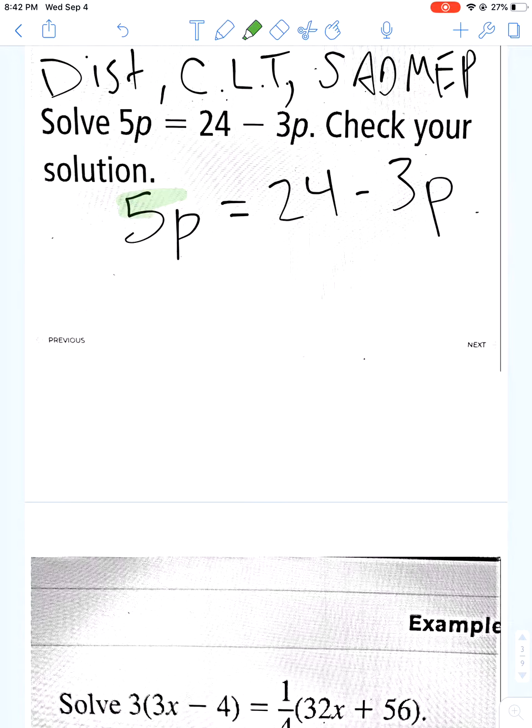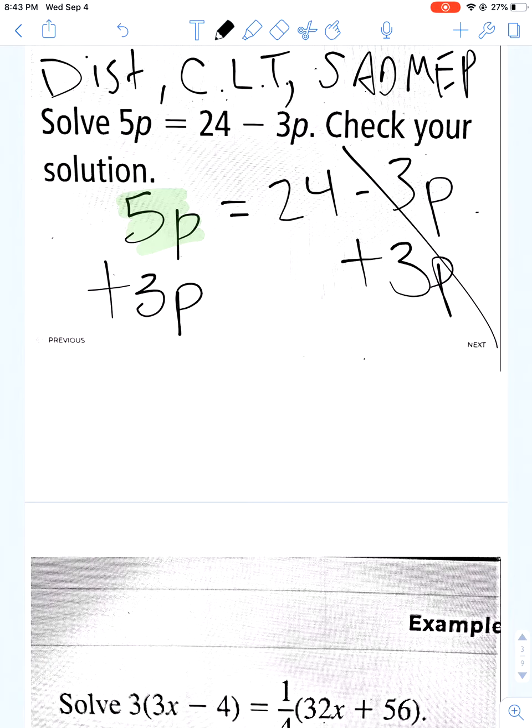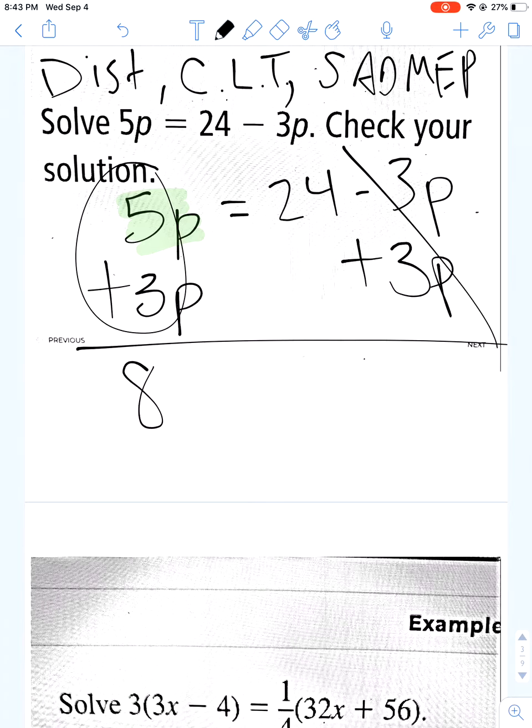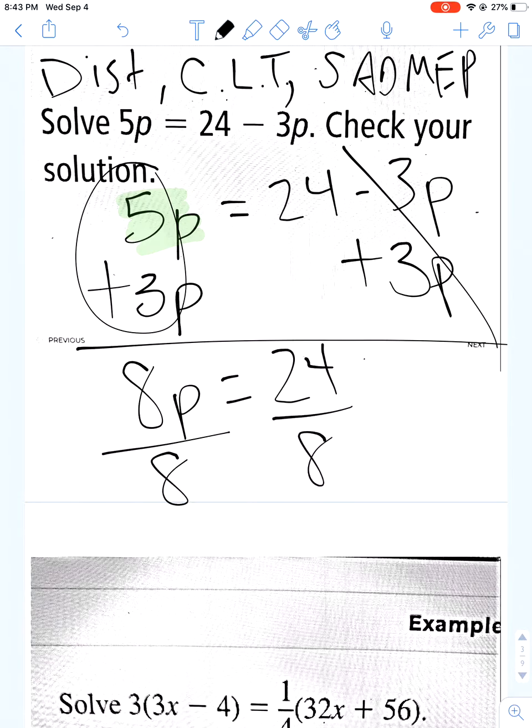I notice that I've already got a 5p over here, so I've got to figure out some way to get a 3p over here. Well, we know if you do it to one side, you've got to do it to the other. If I add 3p to both sides, I get something to cancel out here. Same sign, so we add them. 5 plus 3 is 8. Then we know again, to get rid of this last step, we're going to divide. So p is 3.